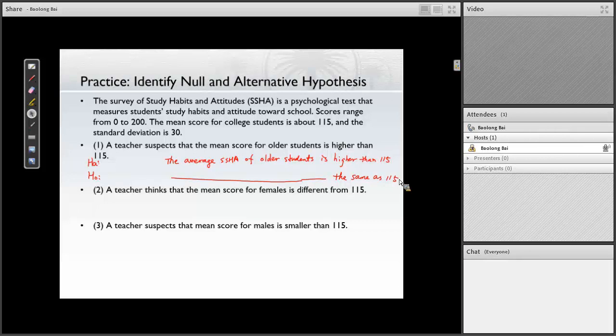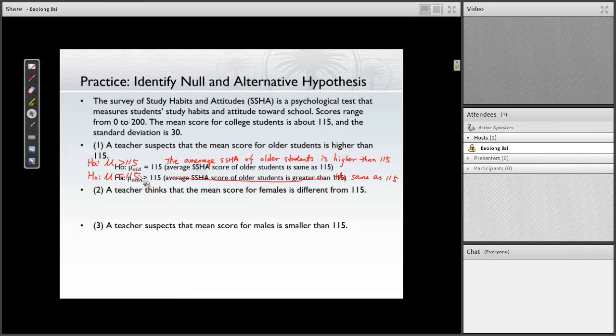Then if you write in the symbols, to simplify the writing, the alternative hypothesis will be mu, the average of all your students, greater than 115. And the null hypothesis will be mu is the same as 115, right? So that's the first step, stating hypothesis, and that's it, right?